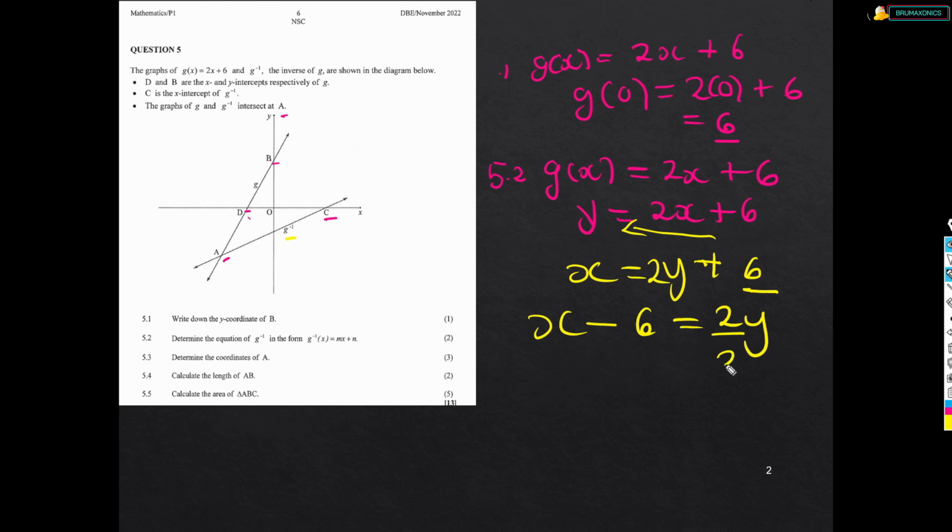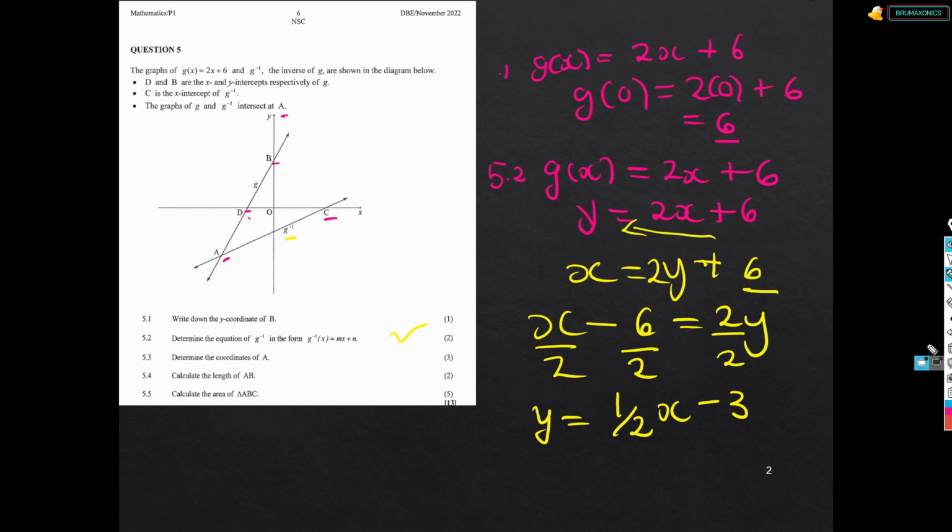So I'm going to divide this side by 2 and the other side by 2. And then this will give me y, which is equal to 1 over 2 x, and then negative 3. This is my answer for this one here.